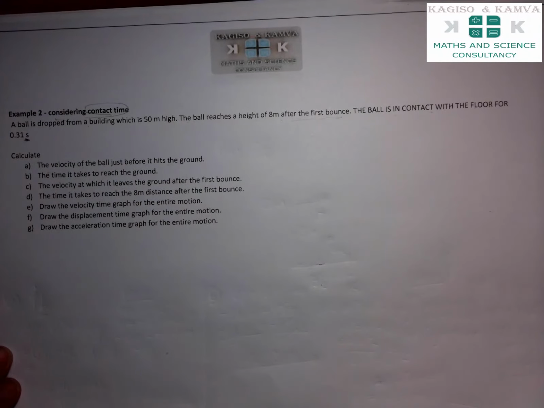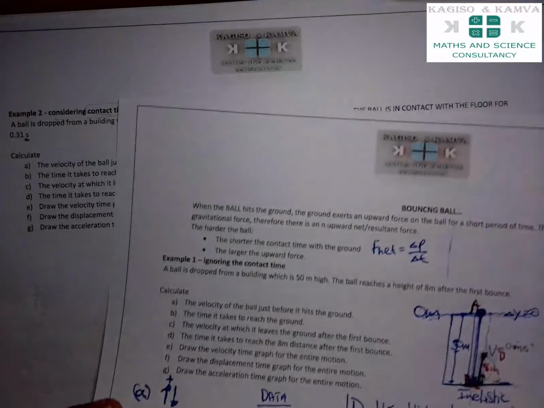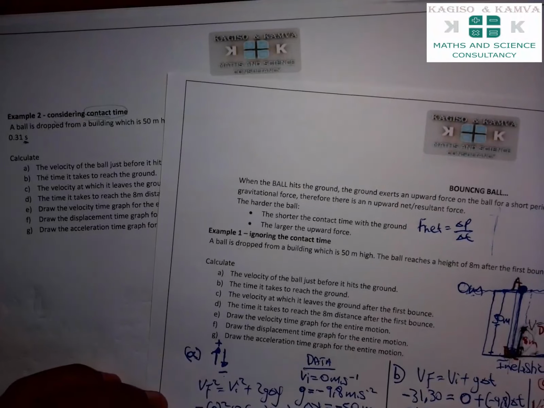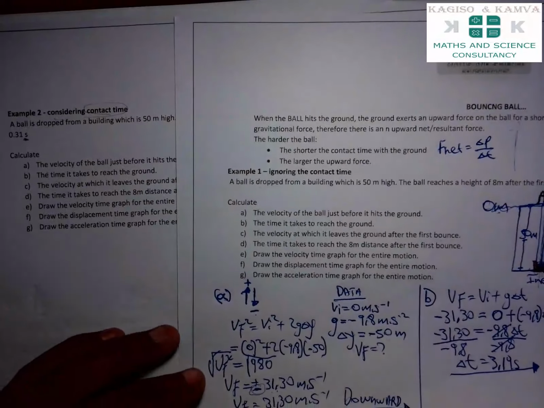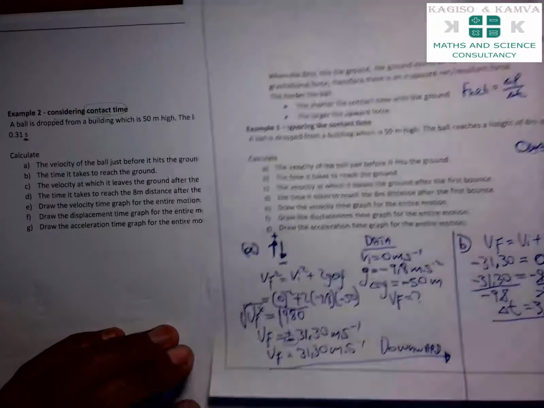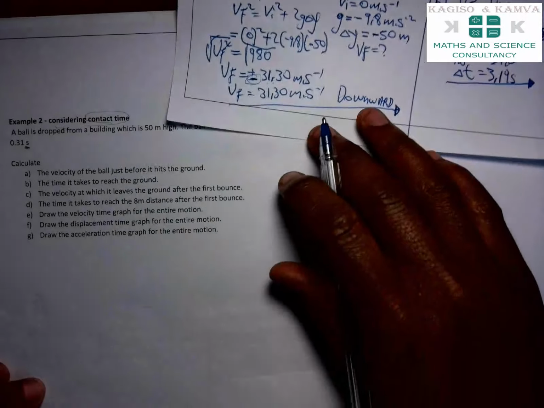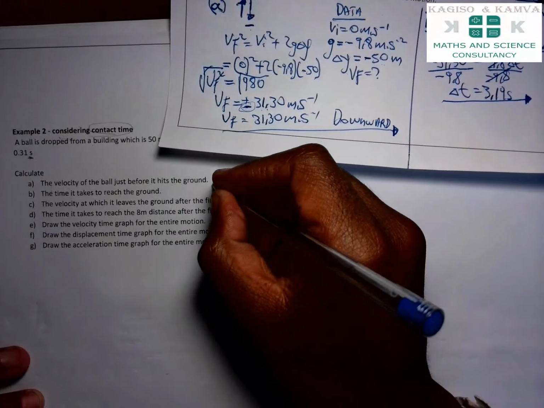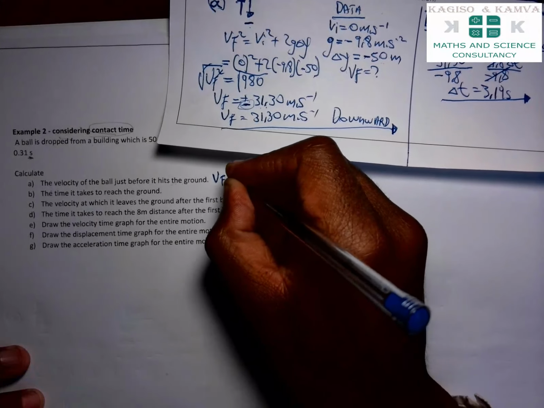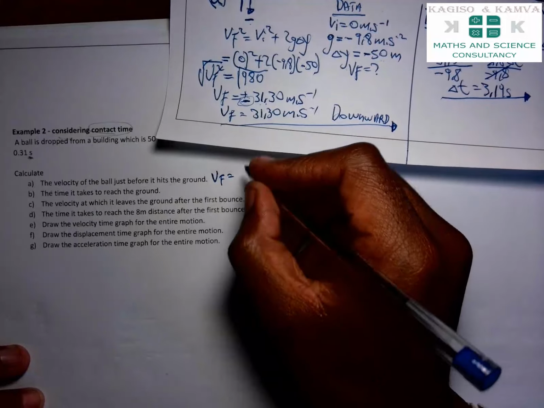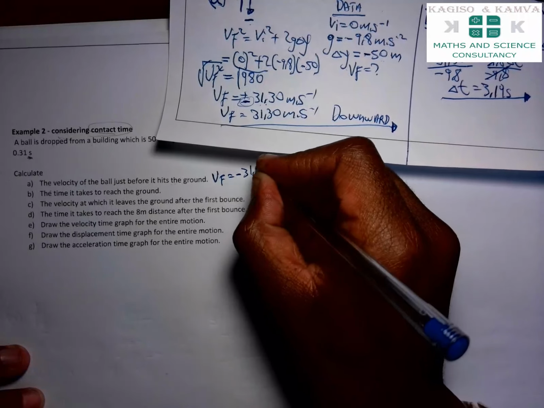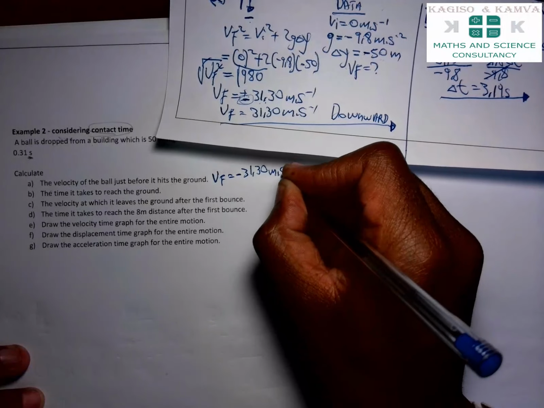So guys, we have already calculated everything, because this is the same example as this one. Now the velocity at which it hits the ground, that will be Vf equal to negative 31.30 meters per second.